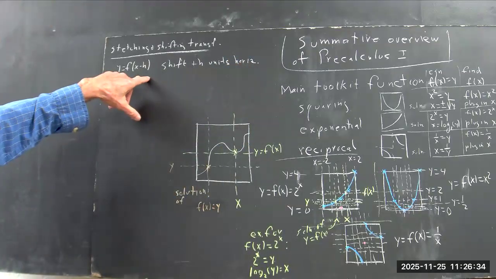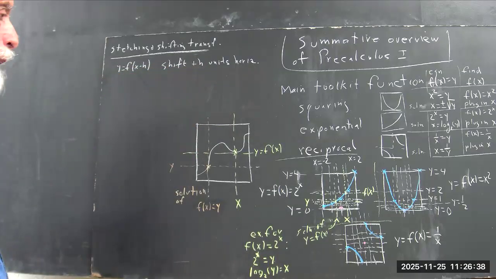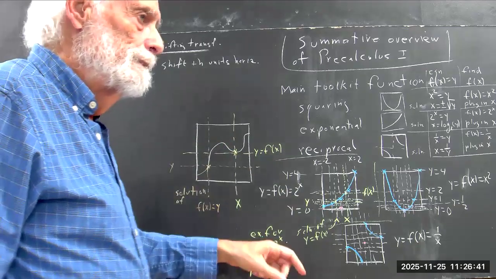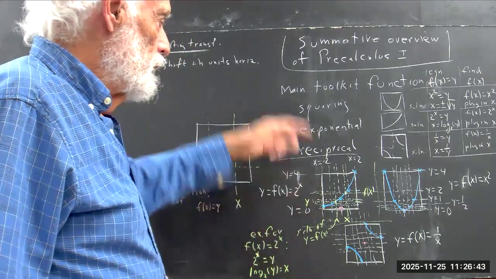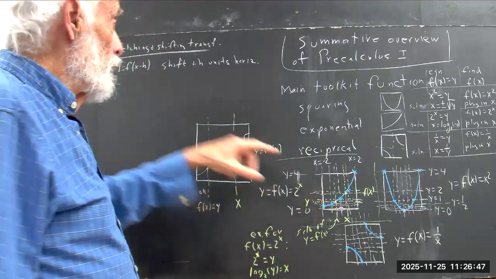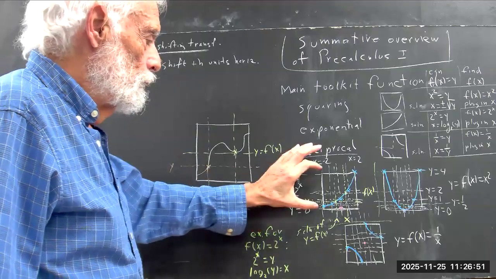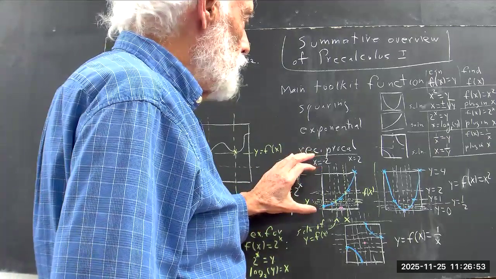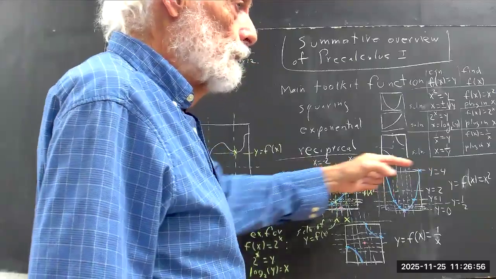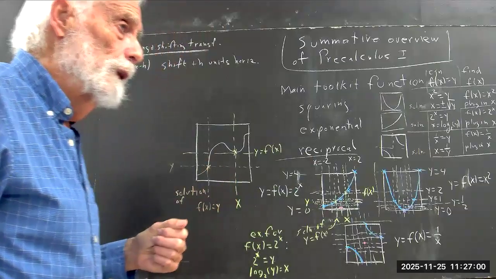Y equals f of x minus h. We shift plus h units horizontally. That means that if we have the graph of 2 to the x, then f of x minus h would shift this graph h units in the horizontal direction. If h is positive, it would shift this way. If h is negative, we shift this way.